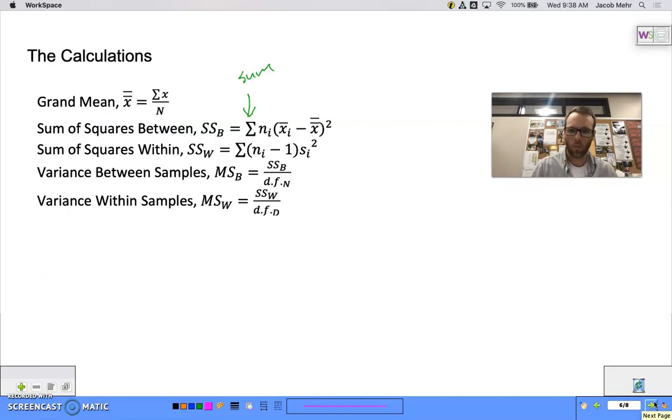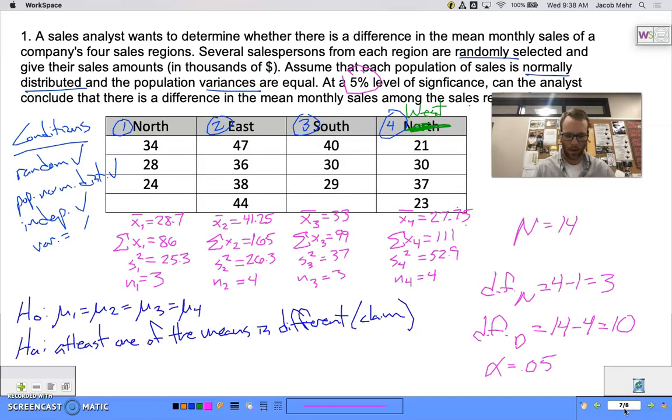So we're going to head to the back of the book to our F distributions. I'm going to pick the table with a level of significance of 0.05. There it is. This is on page A23. Degrees of freedom for the numerator are just 3. Degrees of freedom for the denominator are 10.